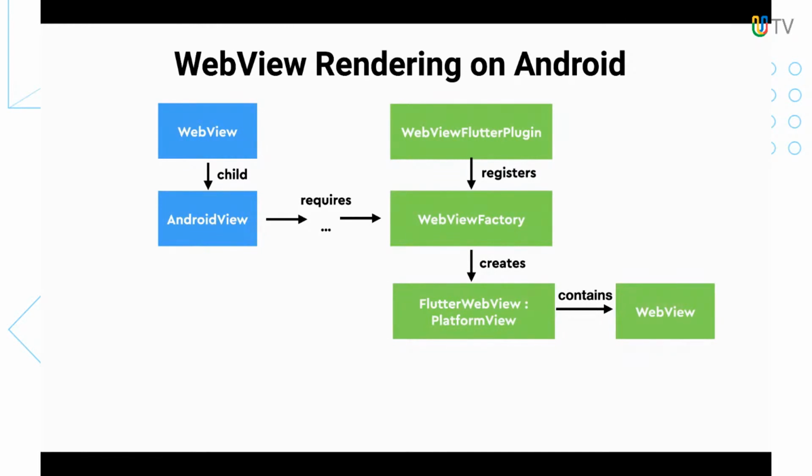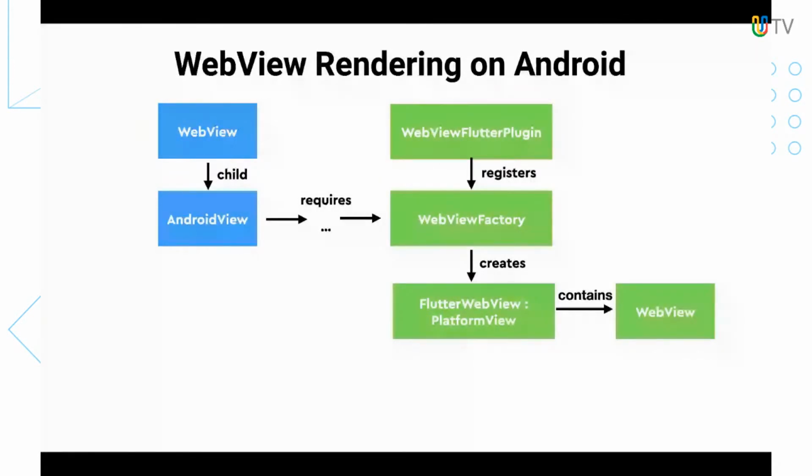Then the Flutter engine uses a WebView factory to create the actual native view. It creates an instance of the FlutterWebView class on the Android side, which implements a platform view interface, and this contains the actual native WebView.